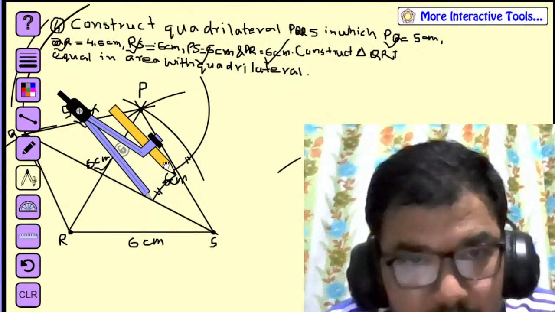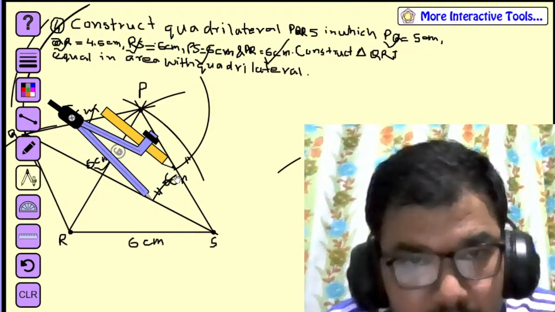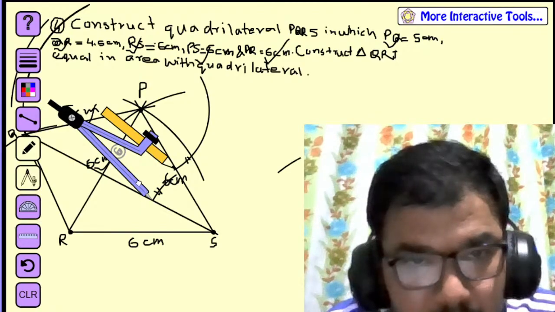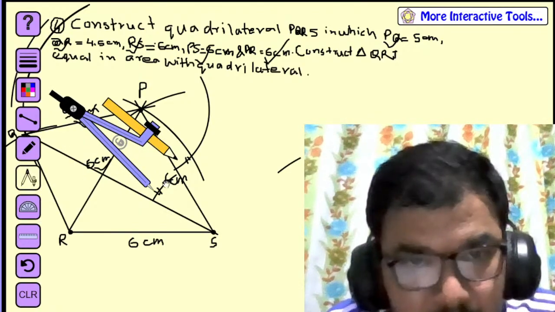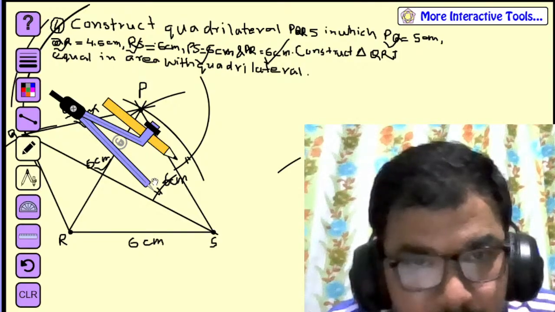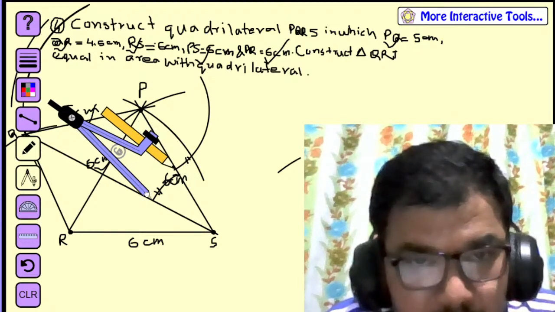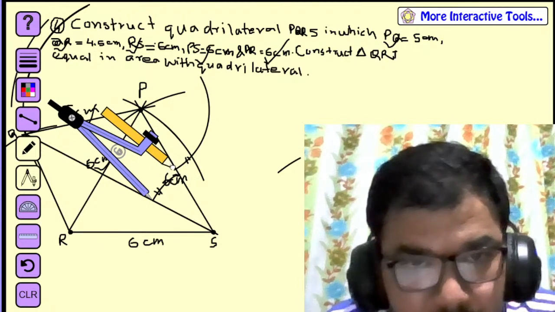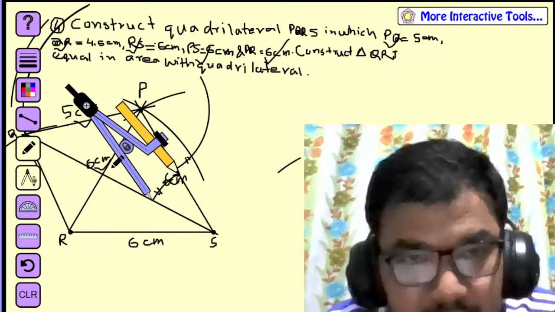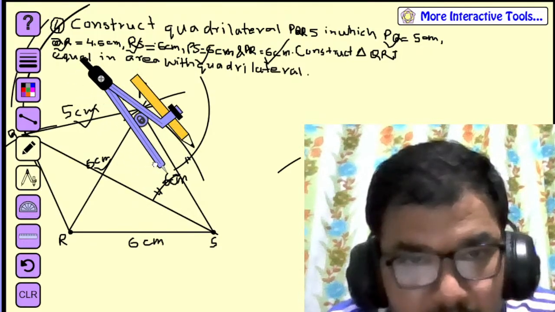See, this line should go here. Let me put this one, this arc. Okay, here like this should go here. Okay, this cutting point and this one. See, yes, we have to measure like this, and the same arc we have to cut from here.